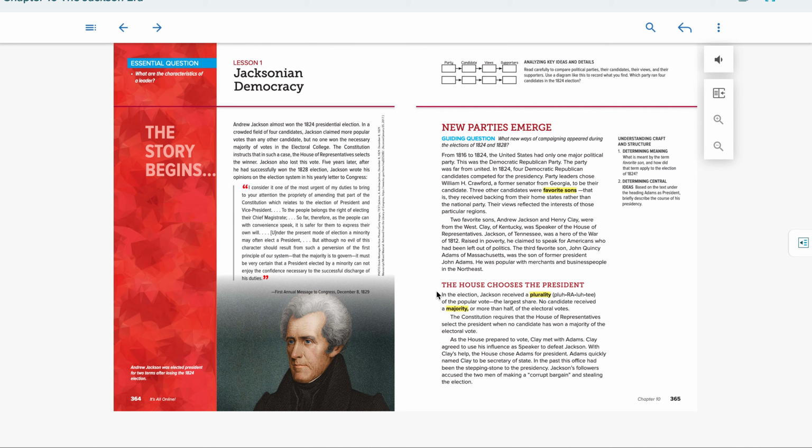The House chooses the president. In the election, Jackson received a plurality of the popular vote, the largest share. No candidate received a majority, or more than half, of the electoral votes. The Constitution requires that the House of Representatives select the president when no candidate has won a majority of the electoral vote.